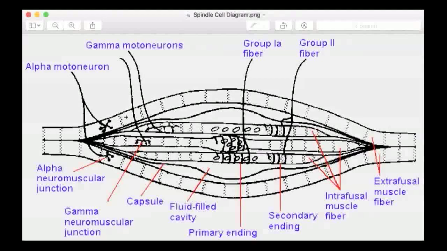Now, I'm not going to get into the deep neurology of this. That's going to be for some later course. But the key thing here is that what you're seeing on the outside, the larger, thick area, is the part of the muscle that we always think about that does the work.